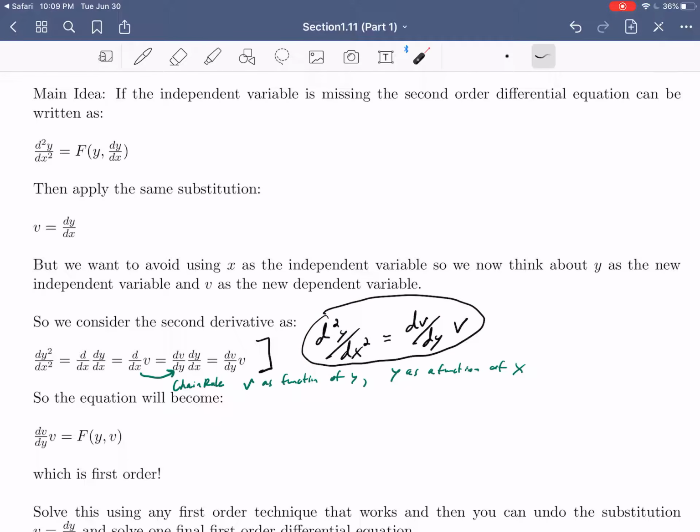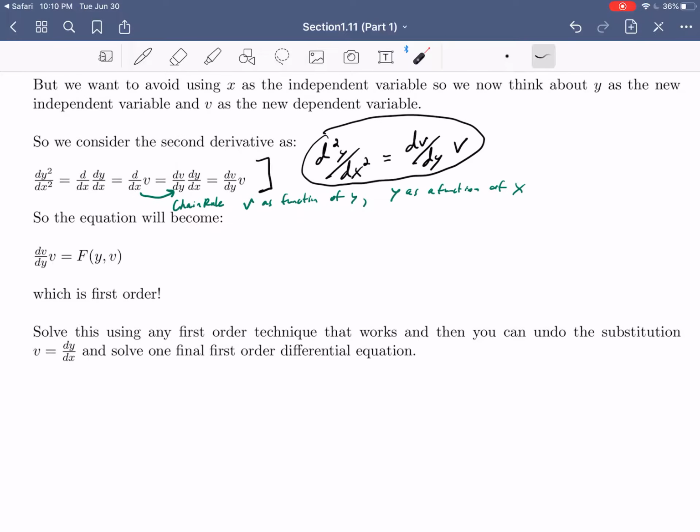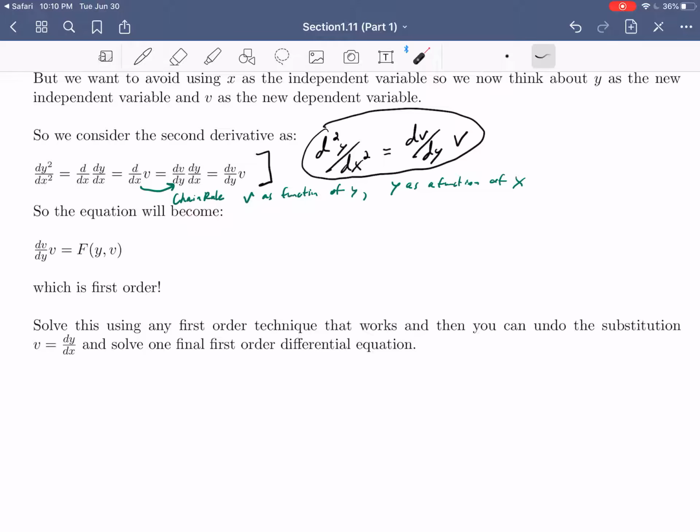Now we can think about the left-hand side as v dv/dy, and the right-hand side, which had y and dy/dx, as y and v. And now, of course, that is first order again. So once again, we've reduced the order from second order to first order. Then you can solve this as a first order equation with whatever technique you like, and then undo the substitution v equals dy/dx, just like before.